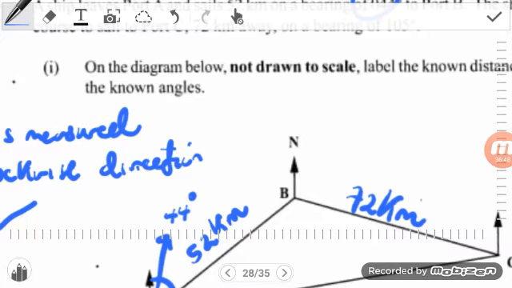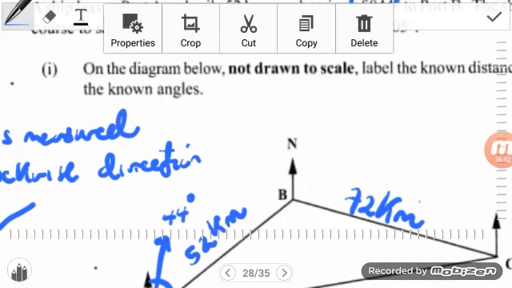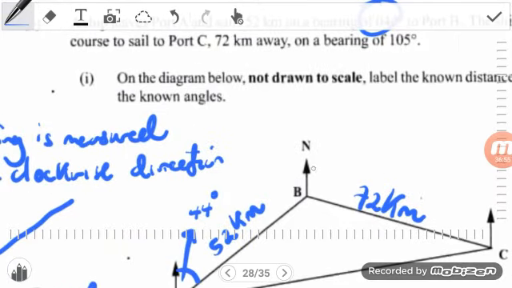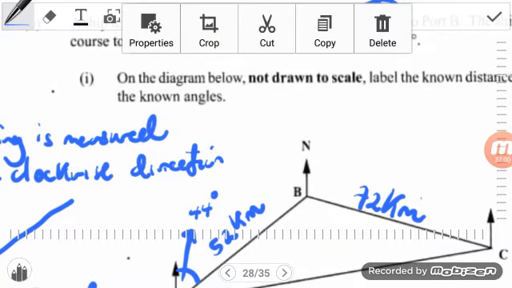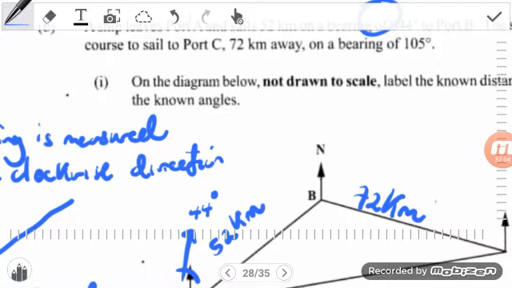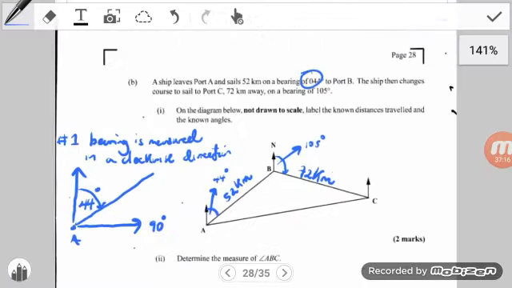The 105 degrees is right here because we're going from north, and we're going to come right around until we are touching the line that's leading us to C. So this is 105 degrees. Alright, and that's the bearing.